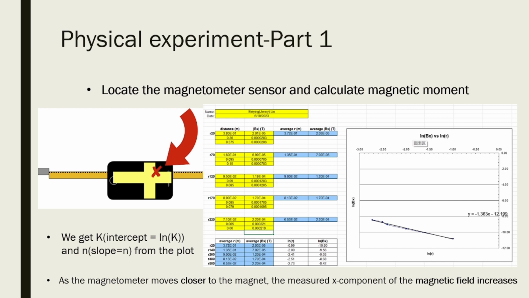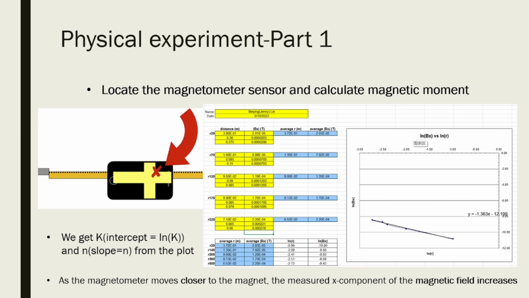So in the first part of the experiment, we first locate the magnetometer sensor by moving our phone around, and then we can make some observations of the on-axis B field. We record all those data into the spreadsheet, and then we got this plot, ln Bx versus ln r. So we can get the value of k and n from the plot.